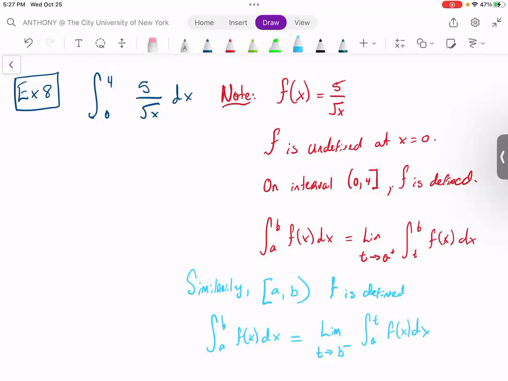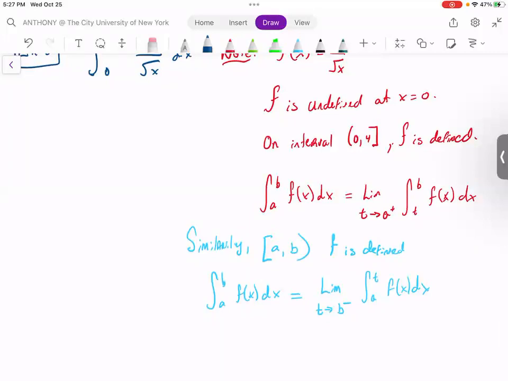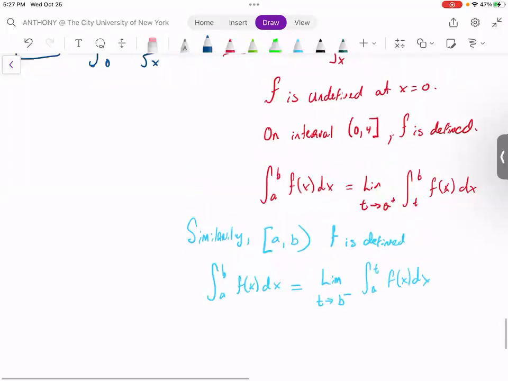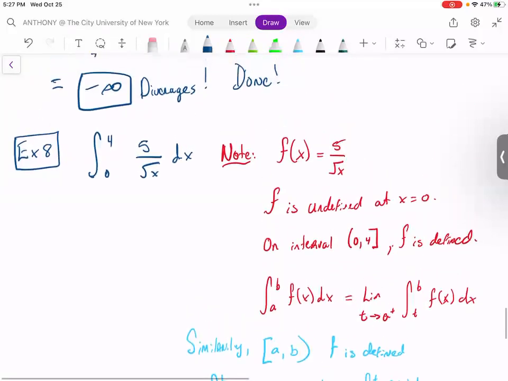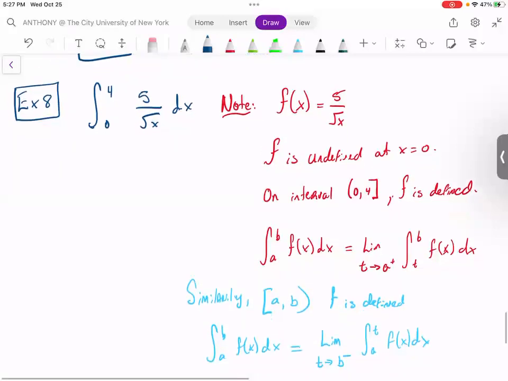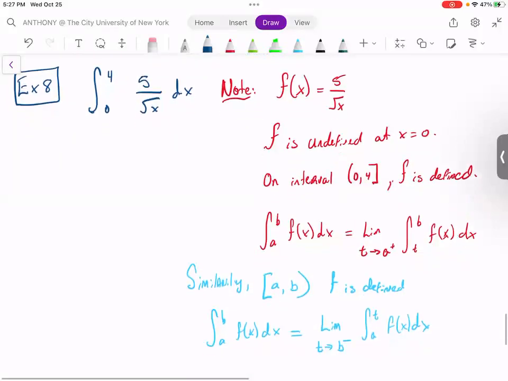And of course, when you compute these limits, if the limit exists, it converges. If you see that the limit doesn't exist or goes to infinity or negative infinity, then it diverges. All right, let's try it out. So the integral that we had was from 0 to 4 of 5 over the square root of x dx.